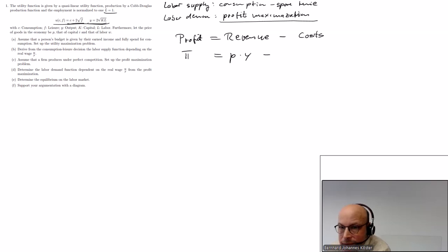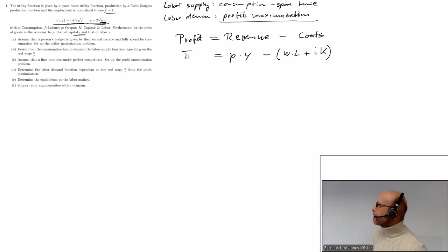And what is labor cost explicitly? Wage times labor time, so omega times L. And I have another part because I have two inputs: capital, and the price of capital is not P but I, so plus I times K. So this is the cost.